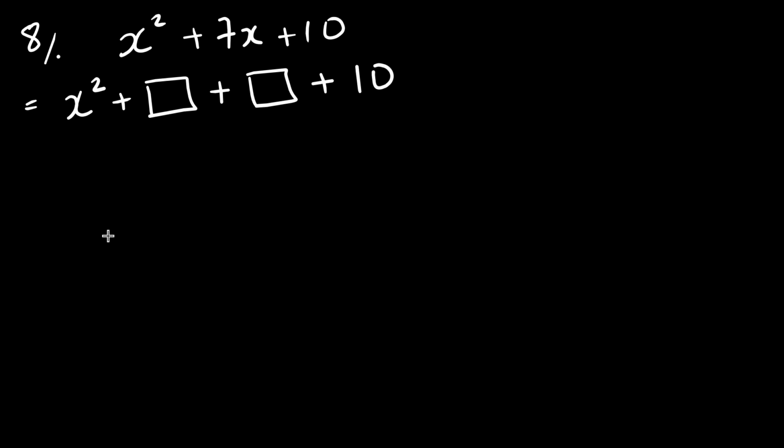Cool? All right, now to accomplish this, we're going to multiply our first and our last term by each other. So I'm going to get 10x squared, and then I'm going to find the factors of 10x squared that just so happen to sum to 7x. Let's see if we can find those factors. We could use 1x times 10x. That would work. Or negative 1x times negative 10x.